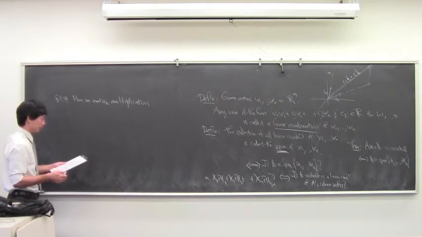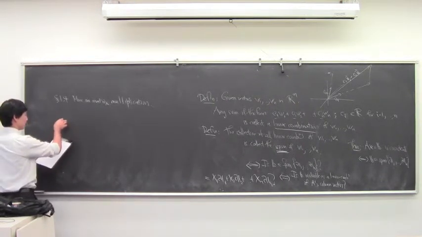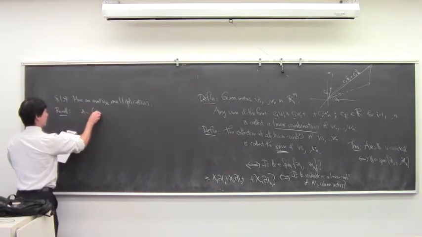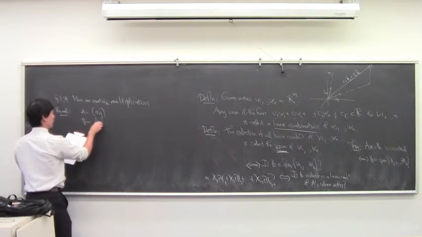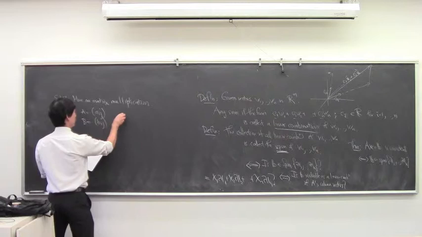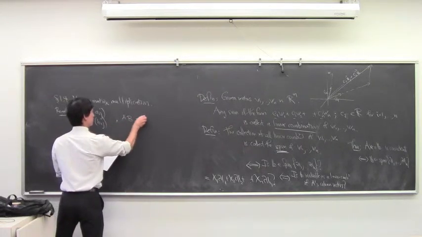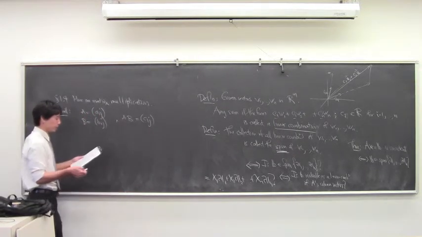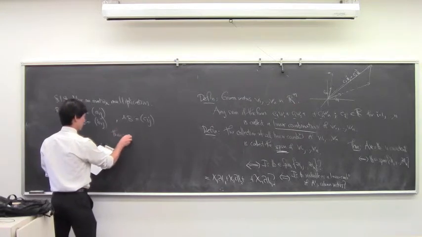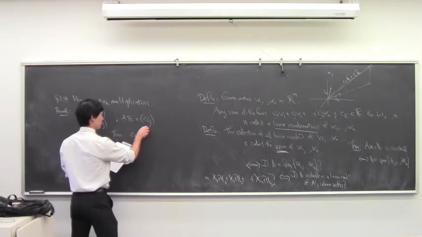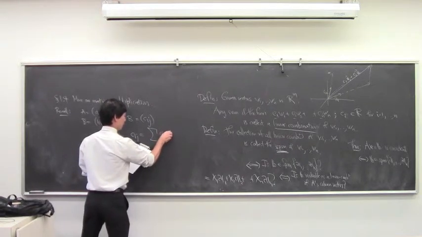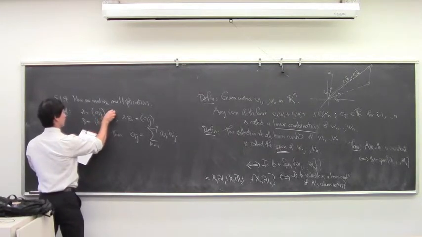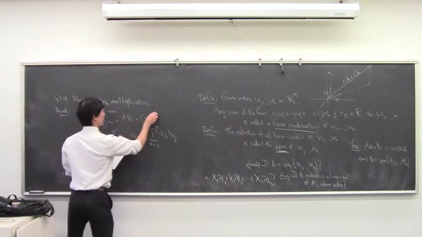Recall, if A is Aij, B is Bij, and AB is Cij, using these to denote the entries, then Cij is of course the sum of Aik Bkj as k goes from 1 to n, where A is m by n, B is n by s, and AB is m by s.